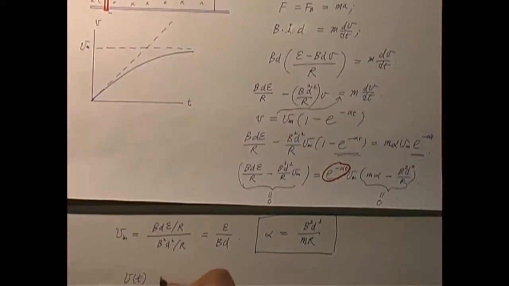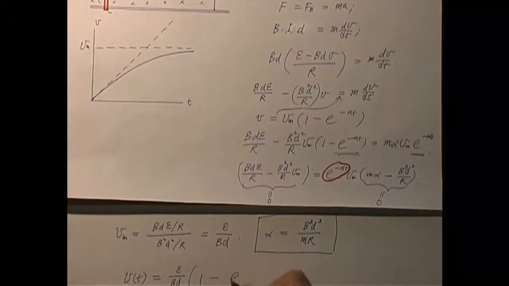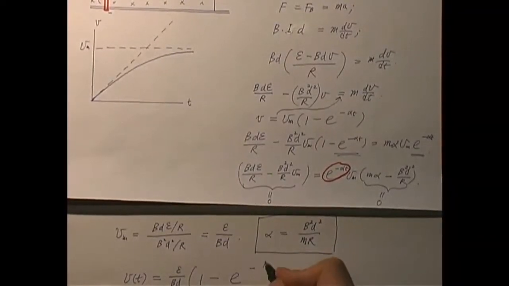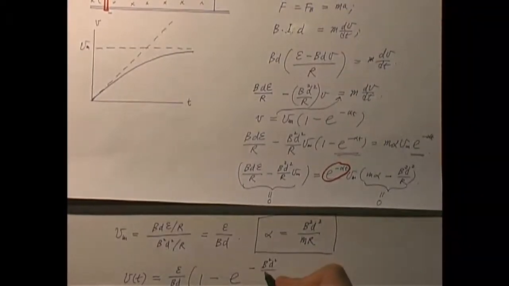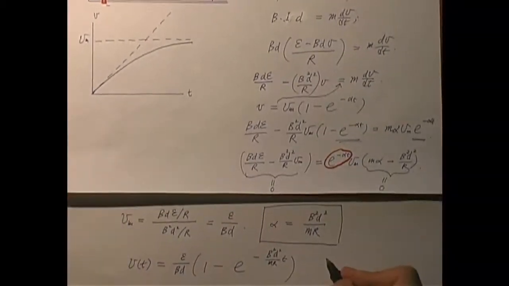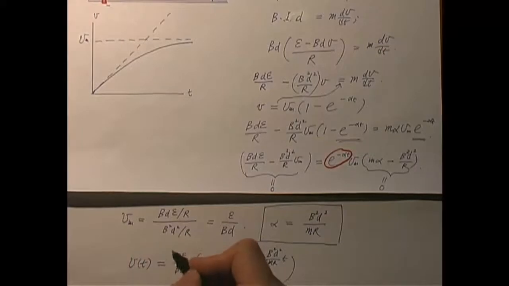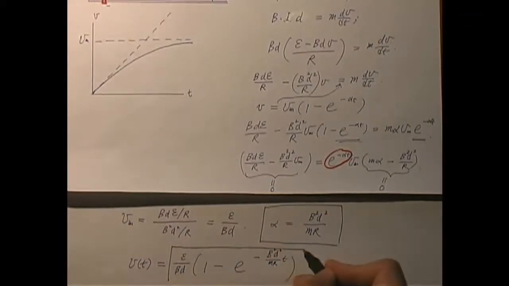V as a function of time for the bar is V maximum, which is epsilon over b d, times 1 minus e to the negative alpha t, so it's b squared d squared over m r times t. This is the complete expression for the speed of the bar as a function of time.